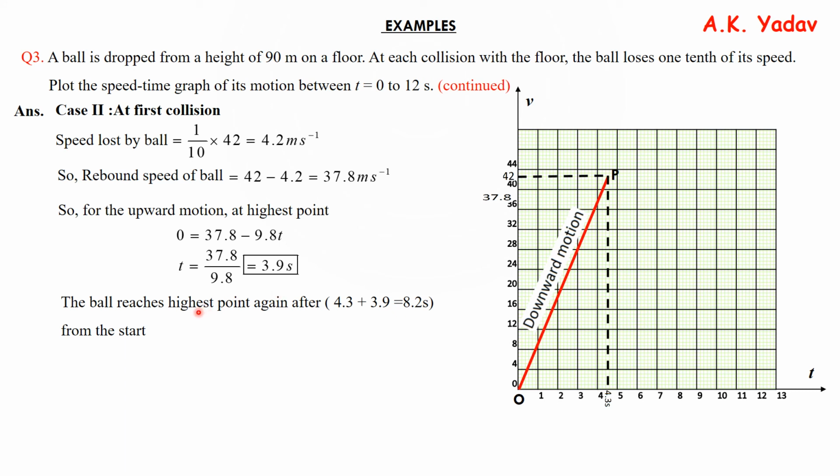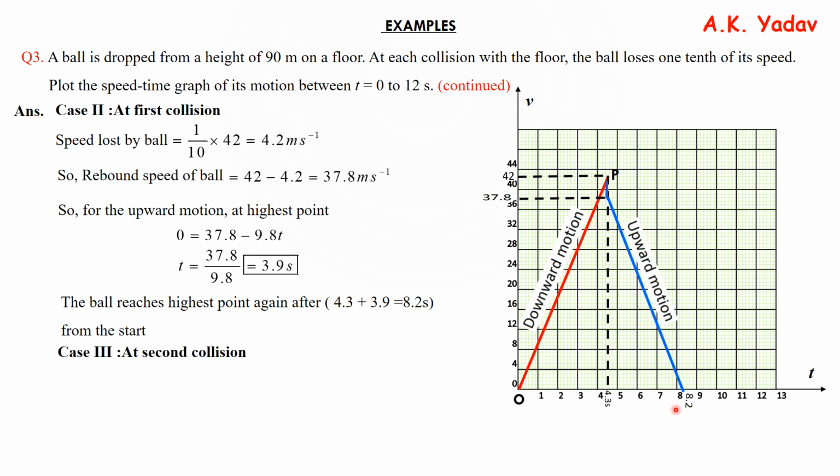So the ball reaches the highest point again after, previously it was 4.3 seconds and then plus 3.9, that is after 8.2 seconds from the start. We have plotted with the red line. We have put the value as 37.8 and time as 8.2 seconds. This is the upward motion.